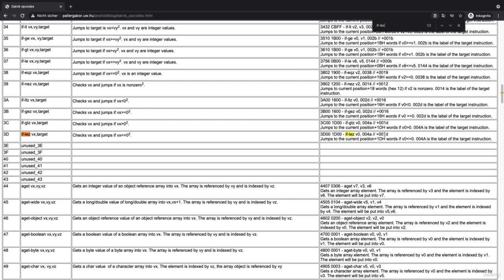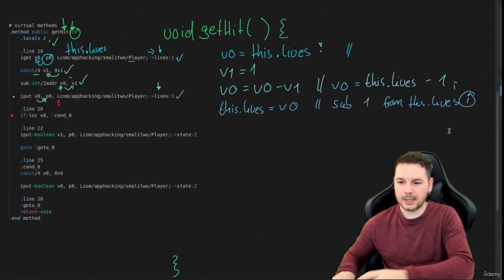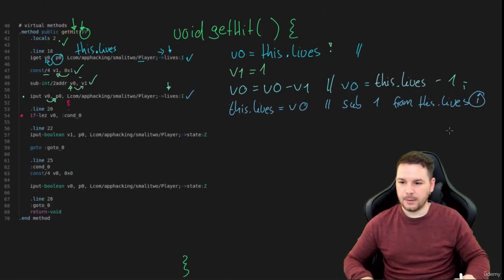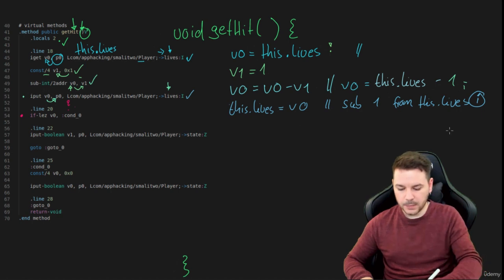So let's get back to our code so that we do not get too confused. The first thing we need to do is read this out loud in the following way. The first read is if v0. And then the second read is less equals 0, then jump to condition 0.